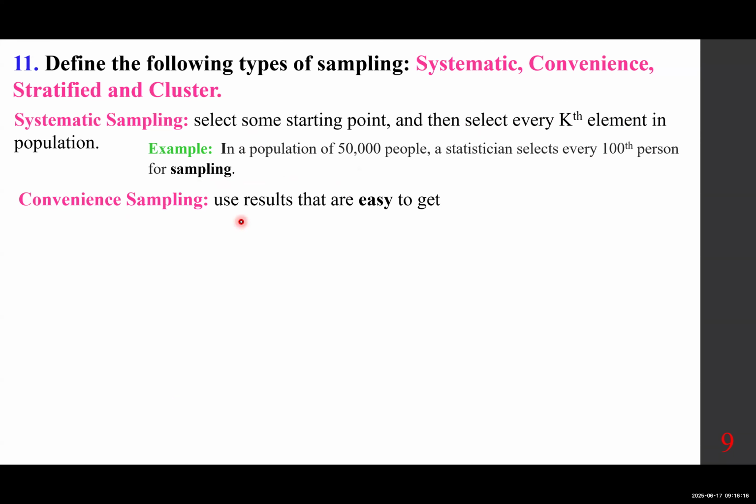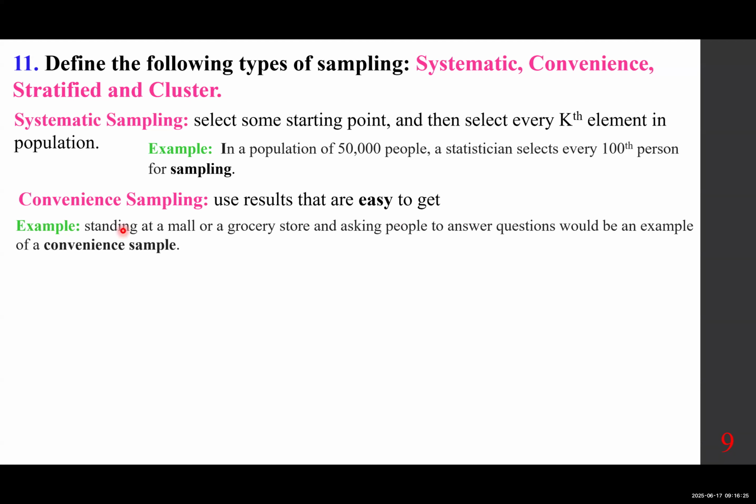Convenience sampling. Use results that are easy to get. Example, standing at a mall or grocery store and asking people to answer questions would be an example of a convenience sample.